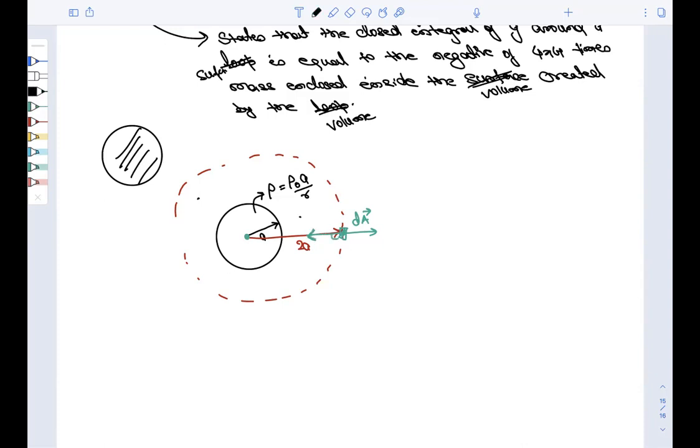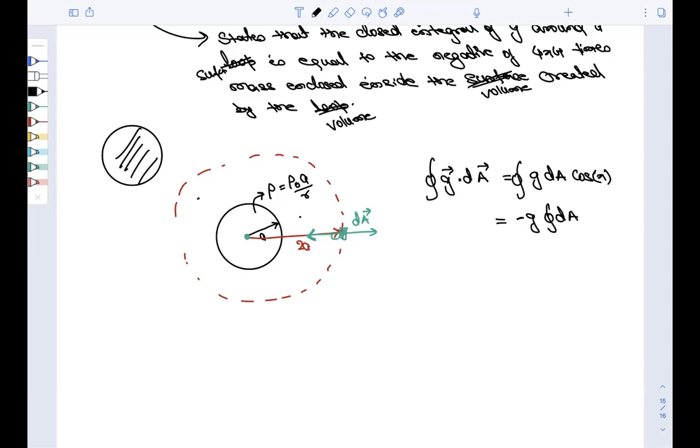So what you can write here is the integration of g dot dA is equal to simply g dA, and the angle between them is pi, cos pi is -1, right? So it is basically minus g into dA.